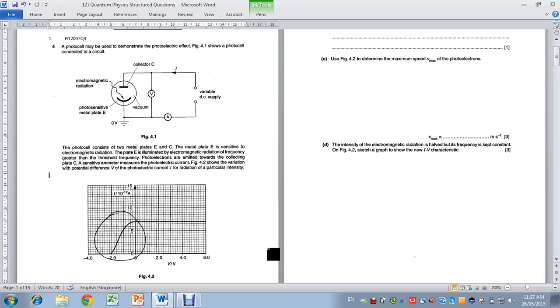So here, when you increase the potential difference, you are preventing electrons from reaching the collector C. If you increase the V by a little, you are stopping the least energetic electrons. You increase it a little bit more, you're stopping the next bunch of energetic electrons. Alright, so let's look at how we phrase it.